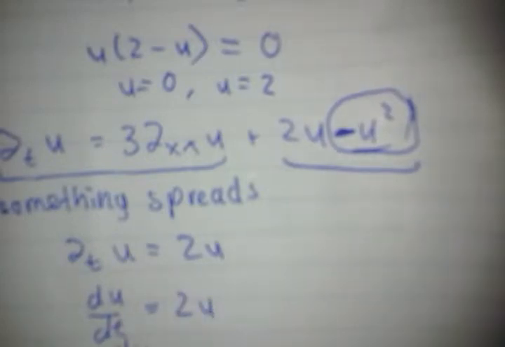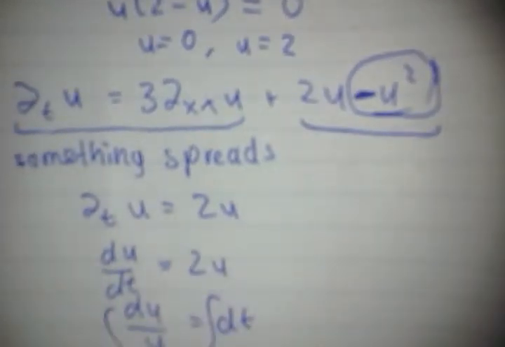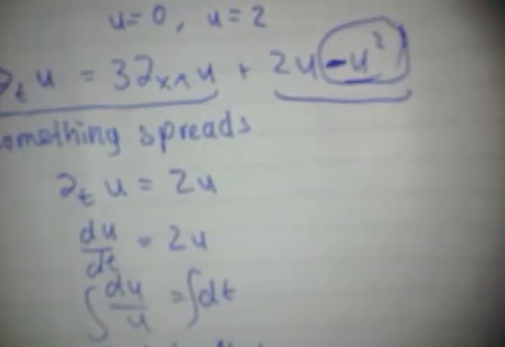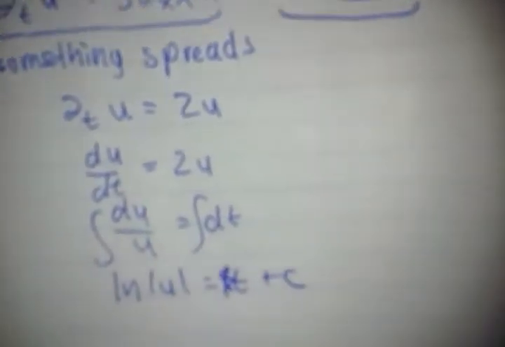If we use separation of variables, I'm probably skipping steps. This is t plus c. We do actually get some exponential growth there. What would particularly become significant?